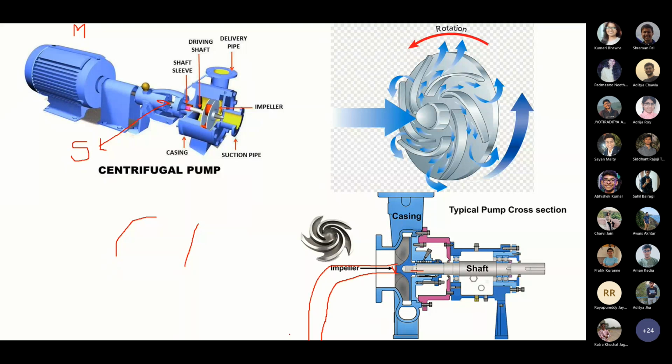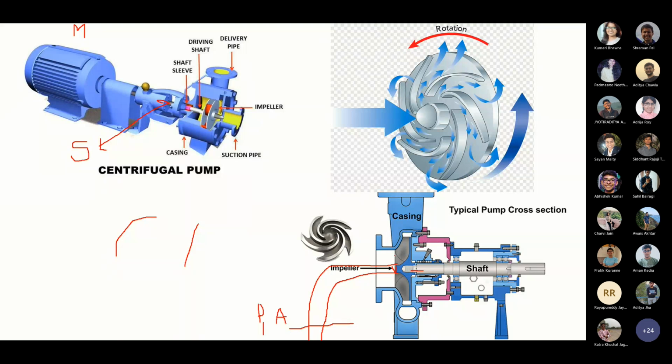So here, let's say this is the well, open well, and here we have the atmospheric pressure. And here we have the vacuum pressure. So the pressure here will be lower. Let's say this is the P1 pressure.